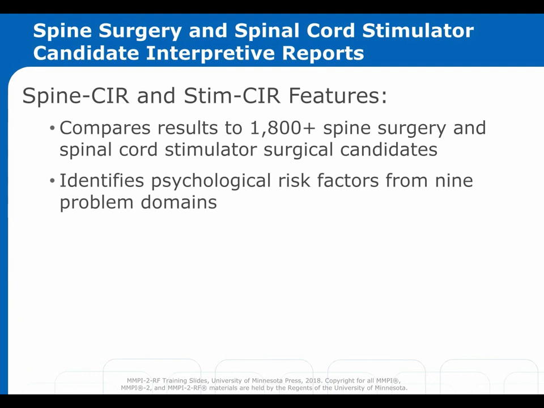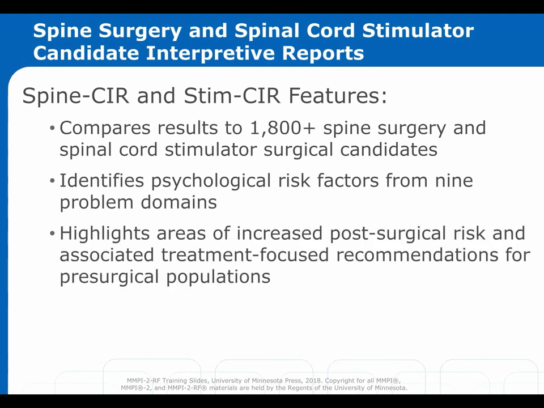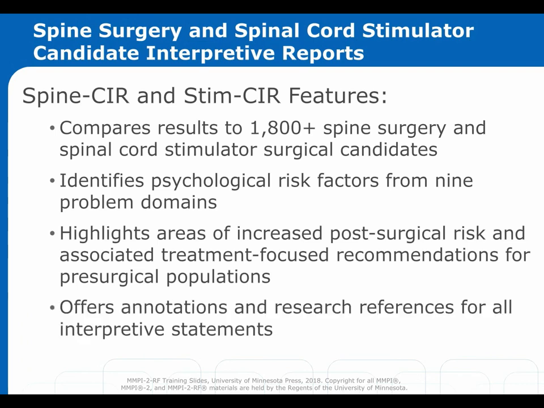The interpretive section of the report focuses on identifying psychological risk factors from 9 problem domains, and the interpretive statements included highlight areas of potential increased post-surgical risk relative to other candidates, as well as associated treatment-focused recommendations specifically for these pre-surgical populations. Finally, as with other interpretive reports, this report provides comprehensive and transparent annotations and research references for all interpretive statements.